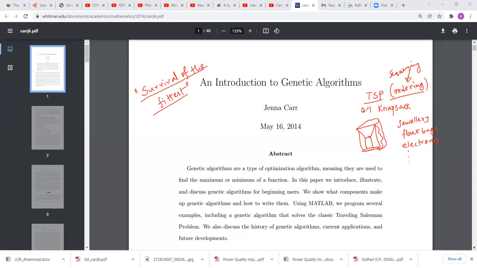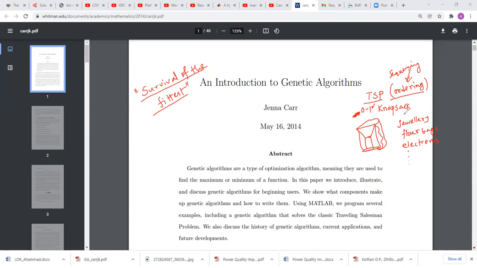So the 0-1 problem in knapsack says either you have to pick it or not pick it. If you are picking it, then it is 1. If you are not picking it, it is multiplied by 0. Okay, this is 0-1.